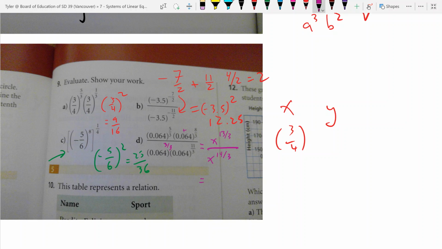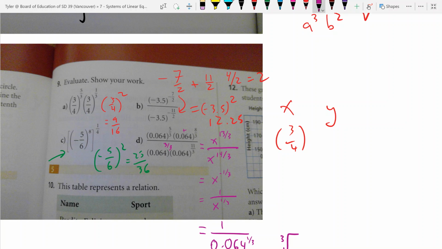And now let's do the subtraction because we got division. 13 over 3 minus 14 over 3, x to the negative 1 over 3. And again, we don't like having negative exponents, so it's going to become 1 over x to the 1 over 3, which is, because we were using the actual number, 0.064 to the power of 1 over 3, which means that we could cube root it, and when we cube root it, we get 0.4?